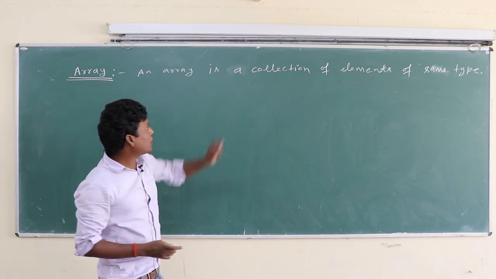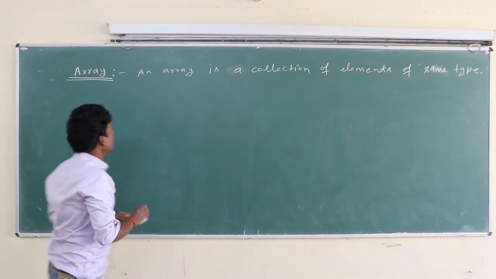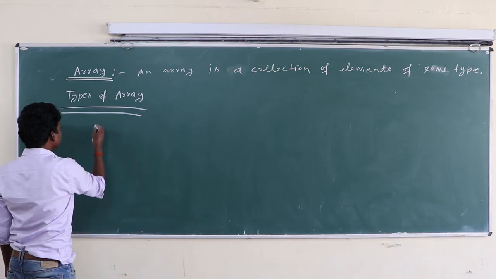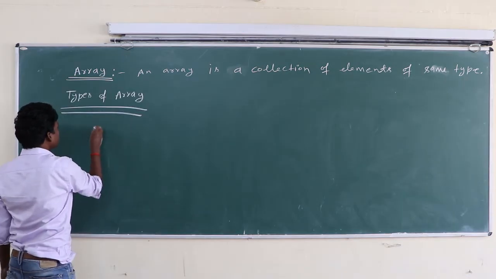An array is a collection of elements of same type. Types of array. Arrays are of two types.